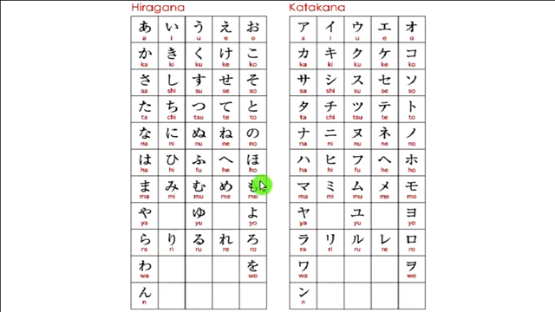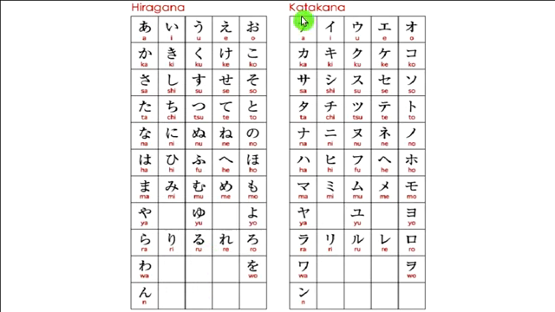So we will check the chart. This is a unit of sound, the combination of a vowel and a consonant. The hiragana and katakana alphabets both have 46 basic characters and share the same sounds.